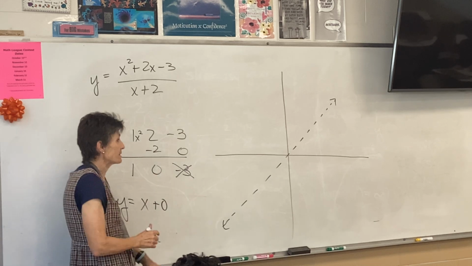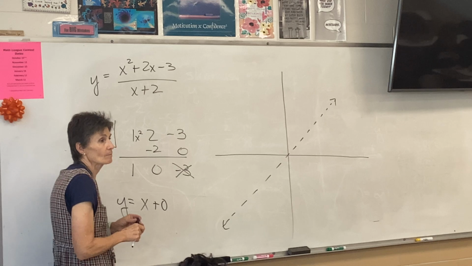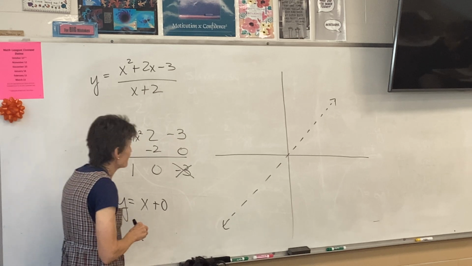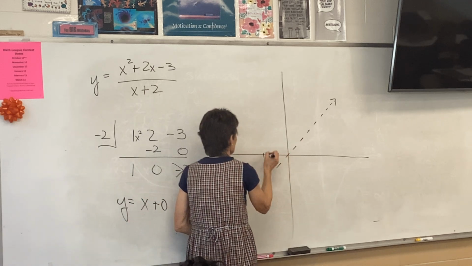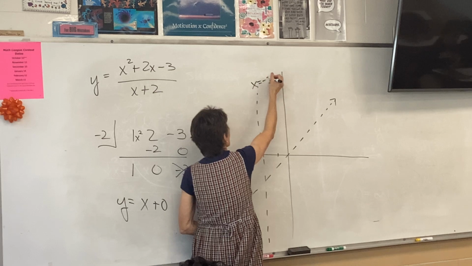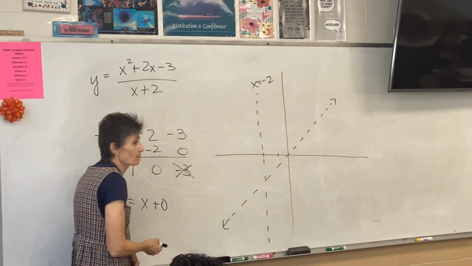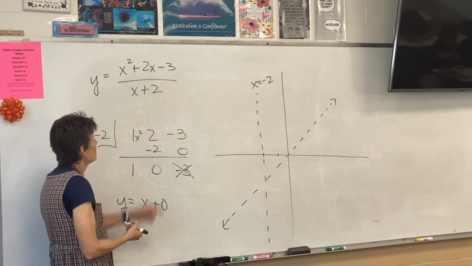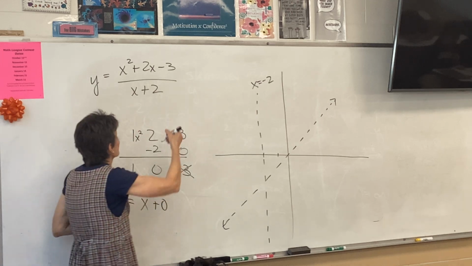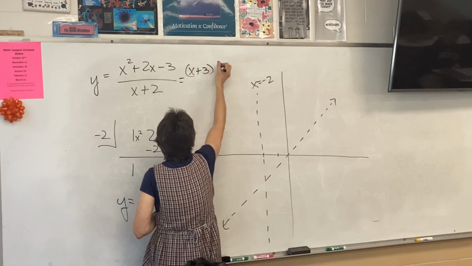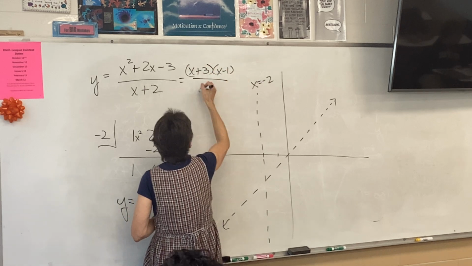All right, let's put the rest of it in. What else do we have? We have a vertical asymptote at x equals -2. Might want to factor the top. Is it +3 and -1?